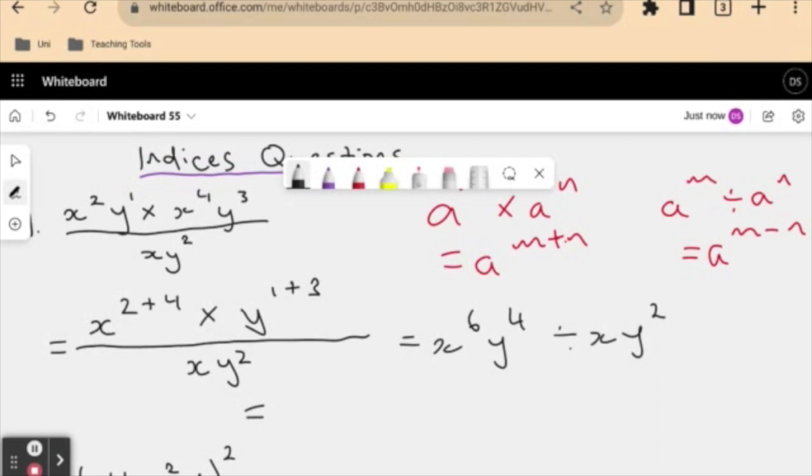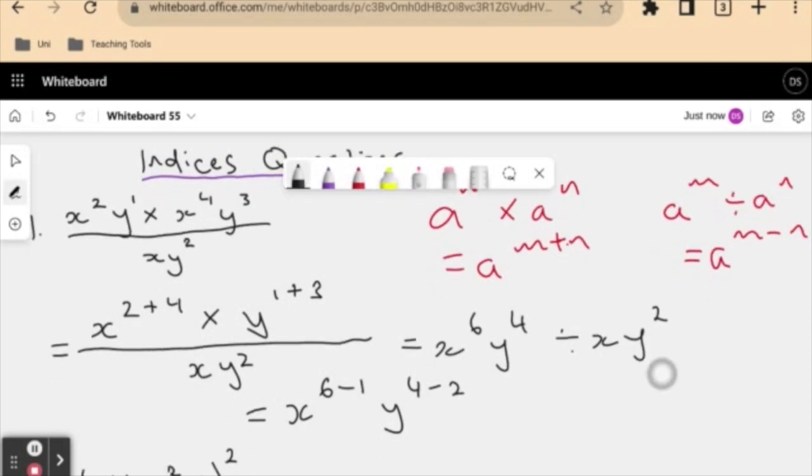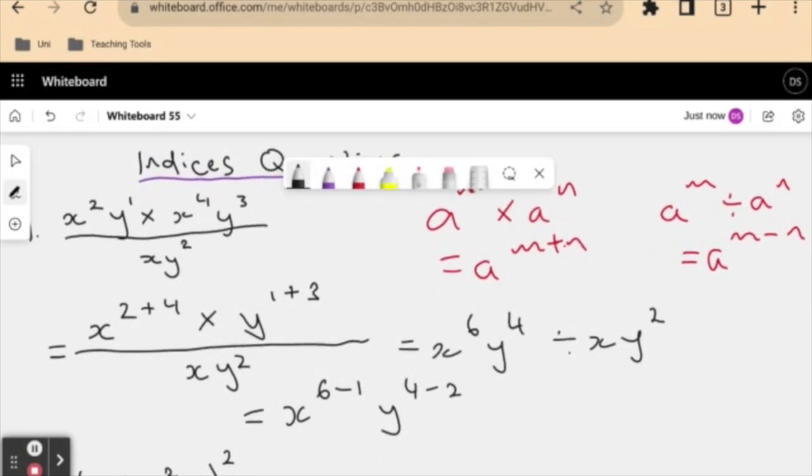So my last step is to work through these two unique terms individually and do the operation. This is like saying x to the power of 6 minus 1 multiplied by y to the power of 4 minus 2. And the last thing to do here is to just do these operations. So I'm going to be left with x to the power of 5, y to the power of 2, or y squared.